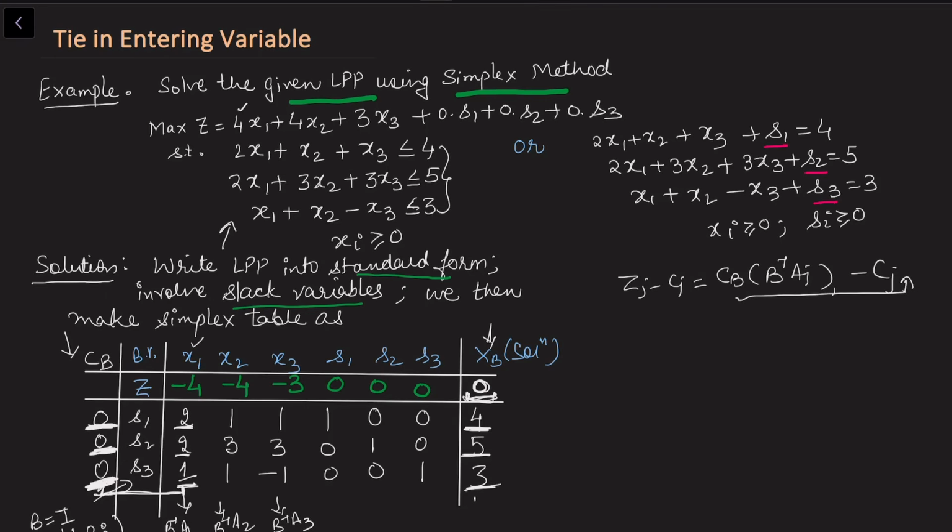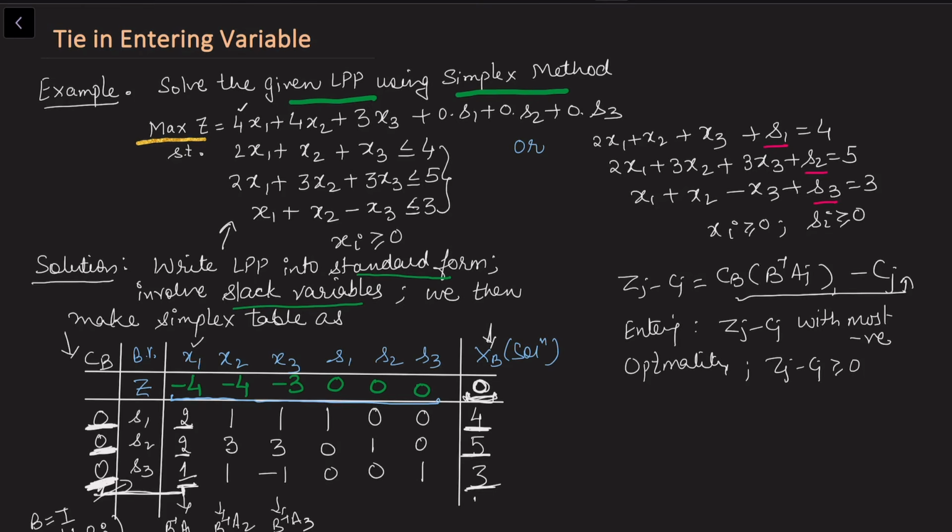Now since this problem is a maximization problem, for the maximization problem we have the entering criterion as zj minus cj most negative, and the optimality criterion for the maximization problem is when all zj minus cj are greater than or equal to 0. Now it can be seen from this problem itself that all the zj minus cj are not greater than or equal to 0.